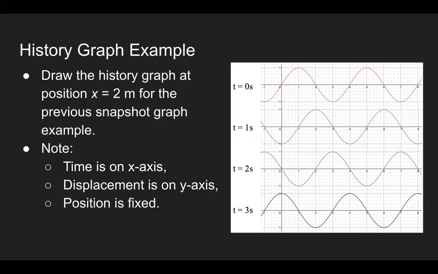However, let's say we want to map or convert the snapshot graph into a history graph, specifically at position x equals 2 meters. How can we do that? Well, let's think about it. If I only want to analyze the position at x equals 2 meters, my eyes should be fixated on that particular point.